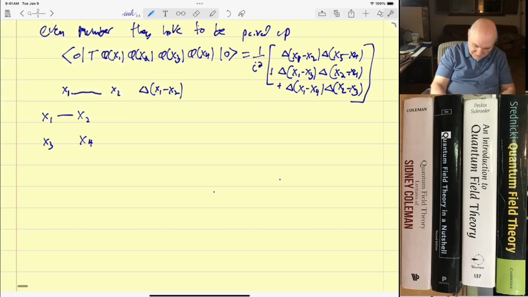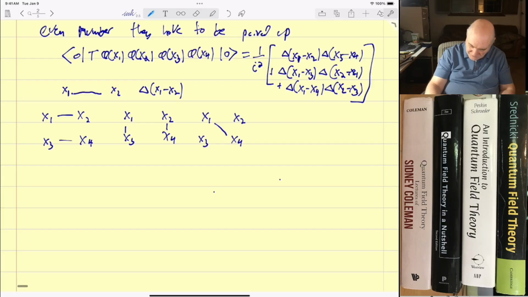we can have x1 to x2 and x3 to x4, and we'll get the first term here. Or we could have them go this way, x1, x3, x2, x4, or we could have x1 go to x4, and there's no interaction here or anything. x3 goes to x2.